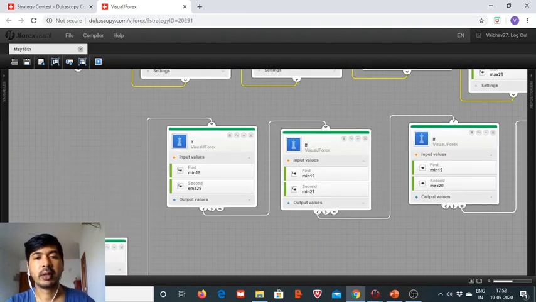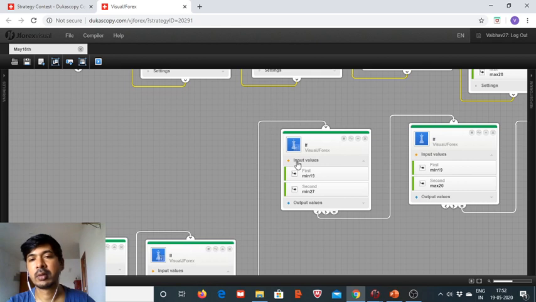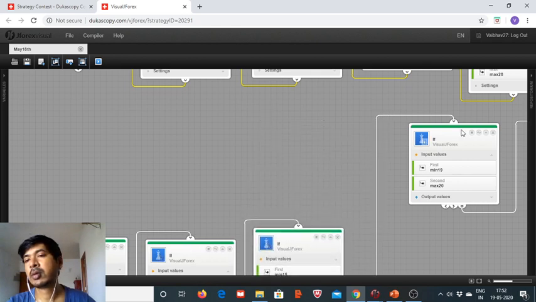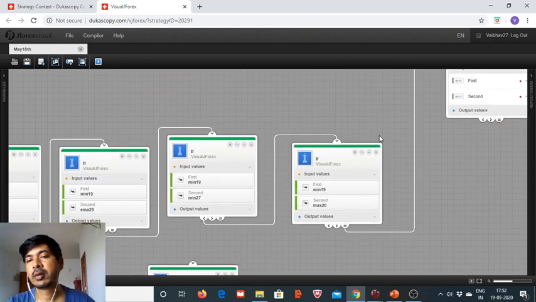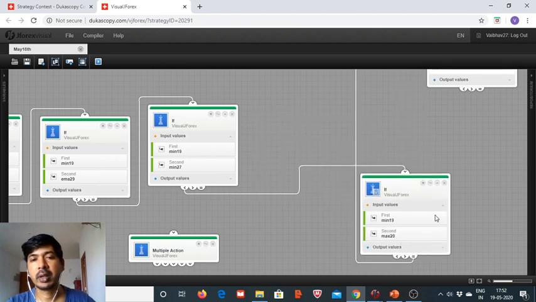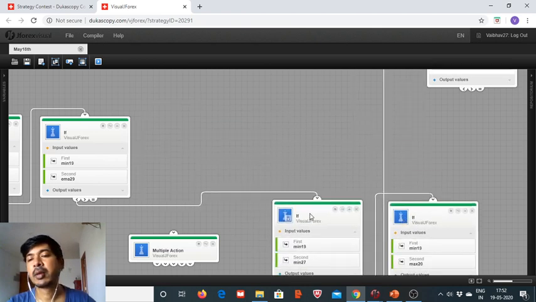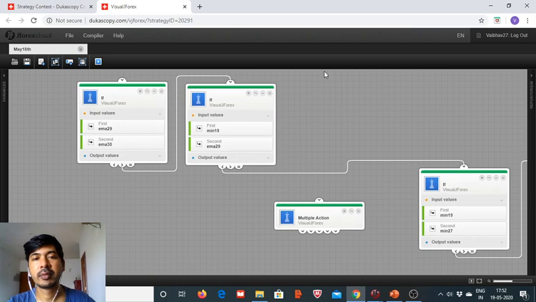So let's arrange these blocks. So we have defined the EMA condition and MinMax condition.